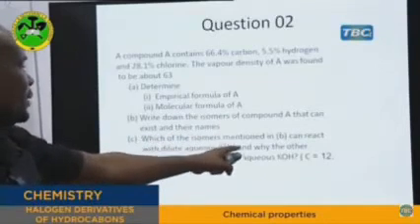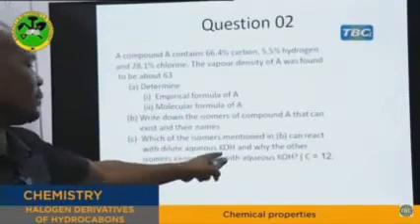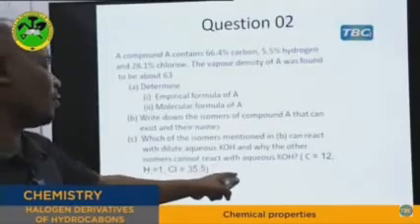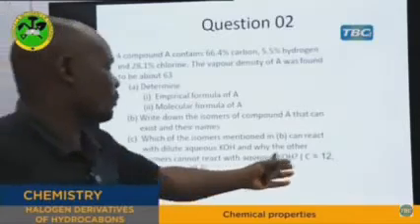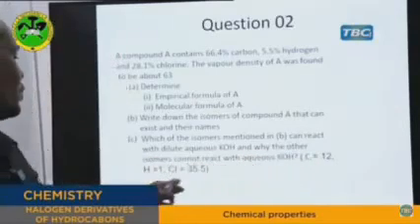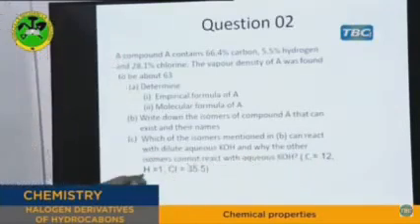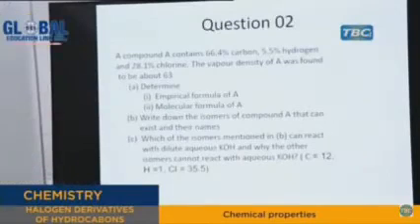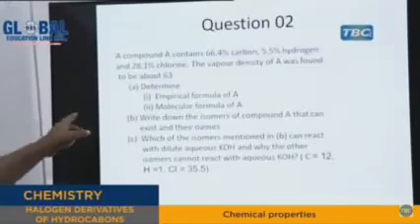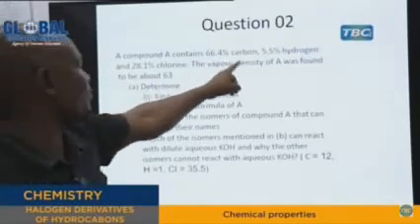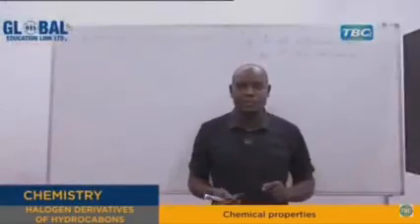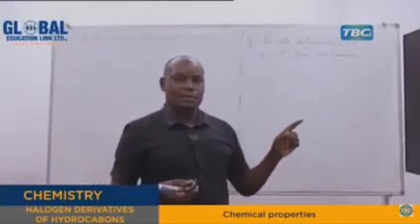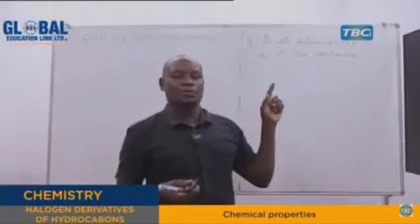Which of the isomers mentioned can react with dilute aqueous potassium hydroxide, and why can the other isomers not react with aqueous potassium hydroxide? You have been given the atomic mass of carbon, which is 12, hydrogen, which is 1, and chlorine, which is 35.5. Our compound contains carbon, hydrogen, and chlorine, which means it is a haloalkane.